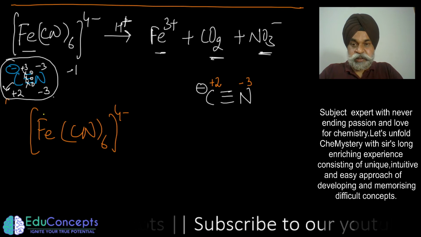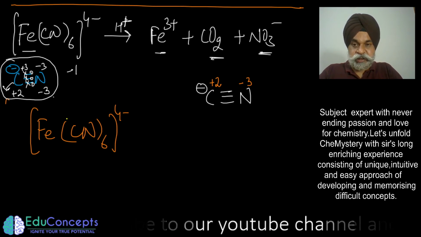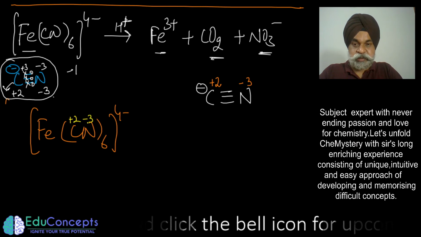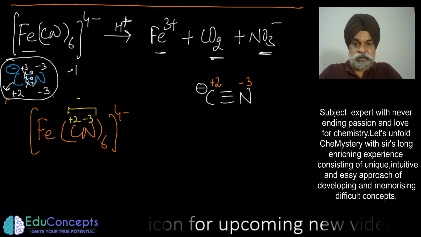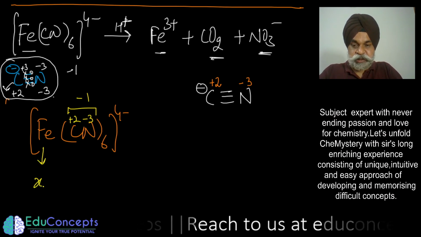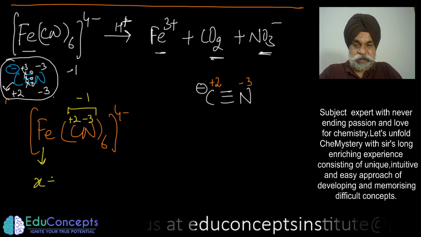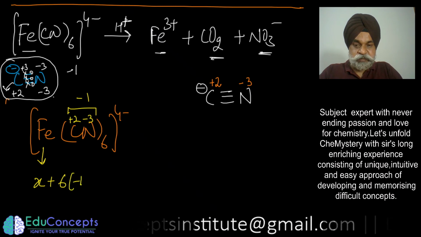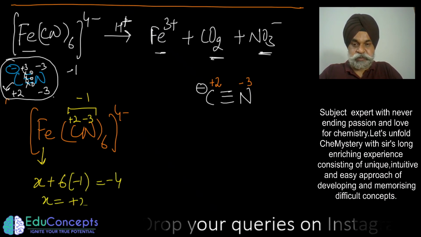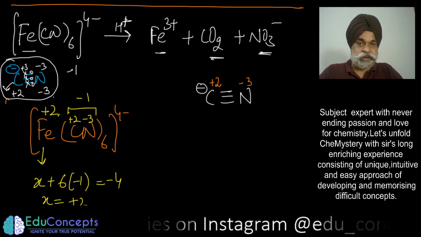Now you have to find the oxidation state. You know this is plus 2, this is minus 3, and overall it is minus 1. So to find the oxidation state of iron, it would be x plus 6 times minus 1 equal to minus 4. So x comes out to be plus 2. So iron is in plus 2 oxidation state.